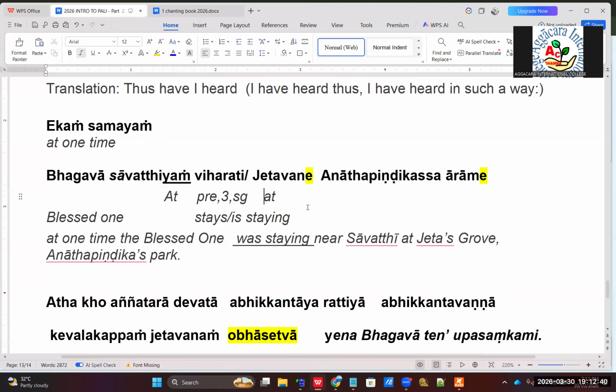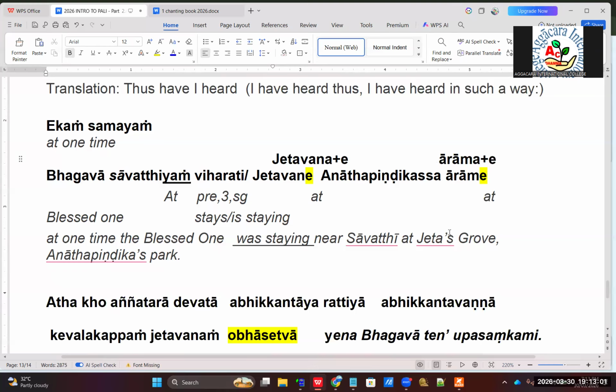This e sound represents the locative in Jetavane, and also in Arame. So the whole word comes from Jetavana plus e, Arama plus e.